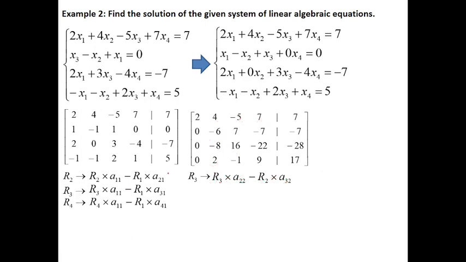Tapos, R4, kasi ito yung gagawin din natin tong 0. Babaguhin natin to. R4 times, ito fix, A22 minus R2 reference times, yung gagawin natin 0, A42.